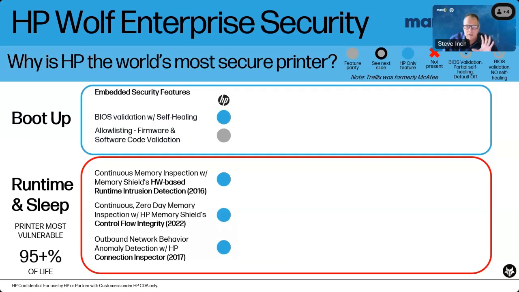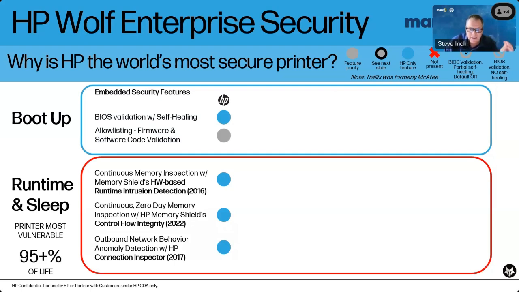What embedded capabilities exist in the printers you're purchasing and/or have in your environment that not only secure the BIOS boot-up here, but continuously monitor during runtime, in sleep mode and in use?